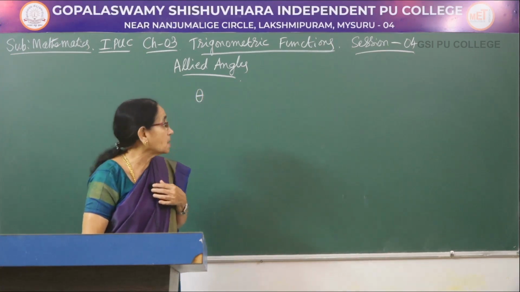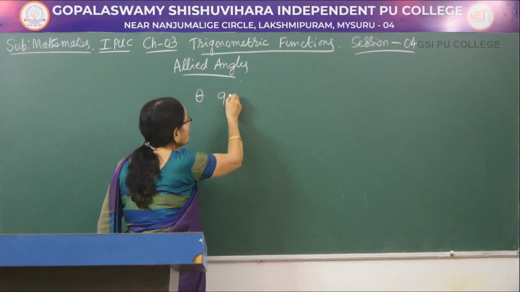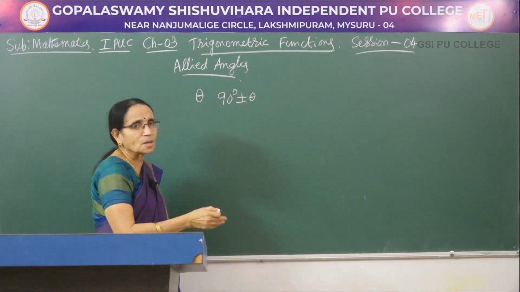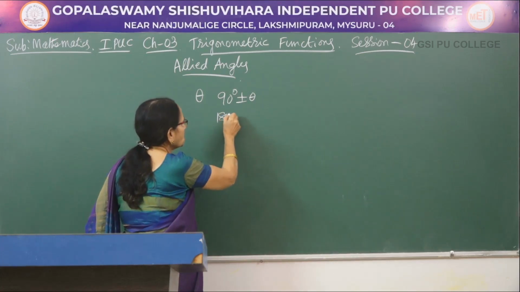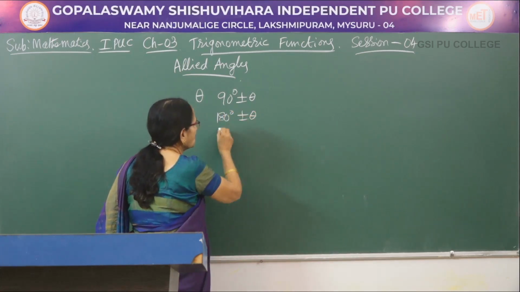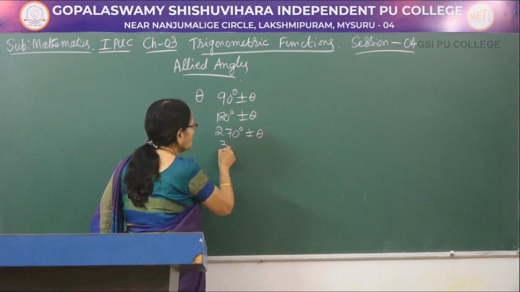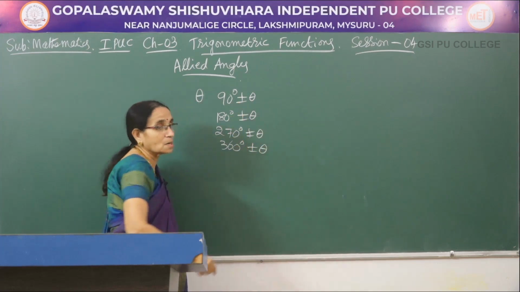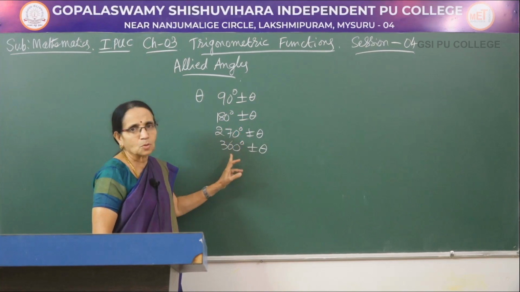When you take an angle theta, then these angles, 90 plus or minus theta, 180 plus or minus theta, 270 plus or minus theta, 360 plus or minus theta. Of course, I am using the degree measurement here. You can write it as pi by 2, pi, 3 pi by 2 and 2 pi.